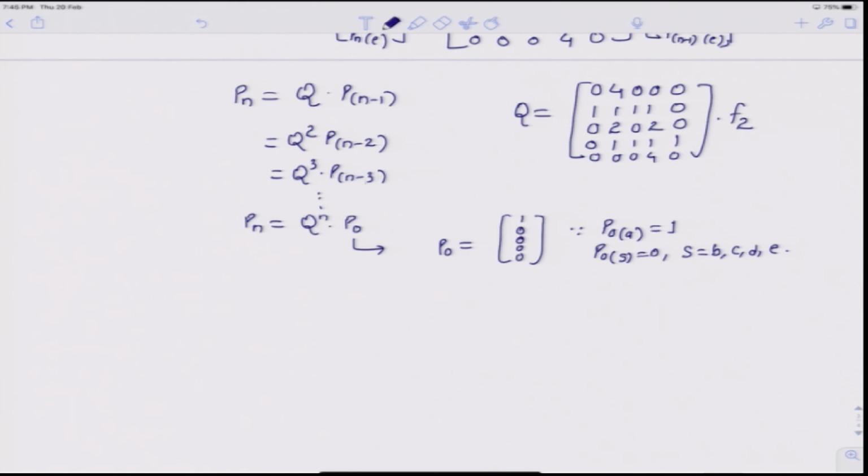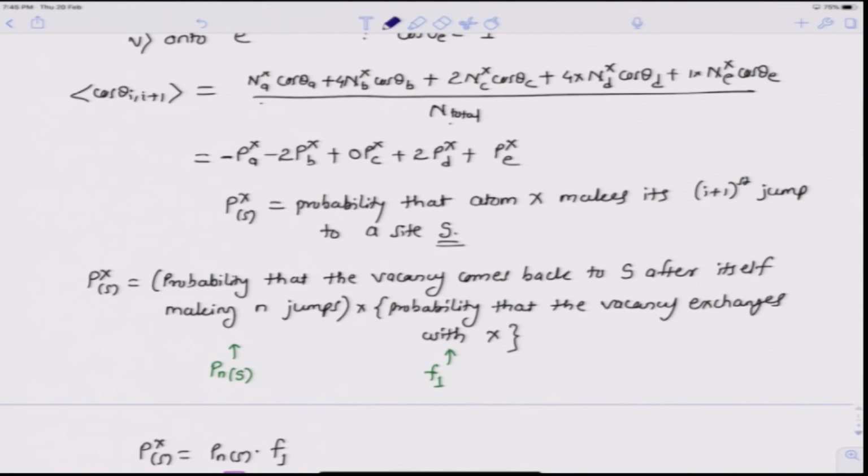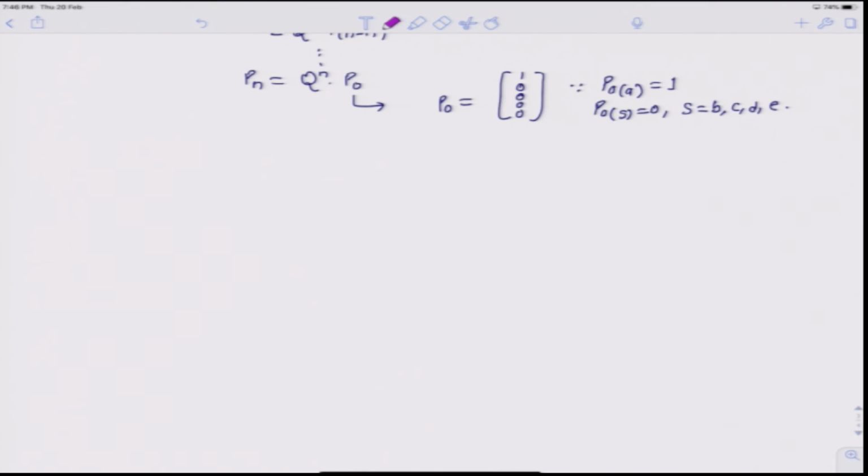Now, let us try to work on it further. So, if we substitute back into the expression for C here, so we substitute for PAX, PBX, PCX, PDX and PEX in terms of Pn of A times F1, Pn of B times F1 and so on, we will get C equal to minus Pn of A minus 2 times Pn of B plus 0 times Pn of C plus 2 times Pn of D plus Pn of E times this factor F1 here.